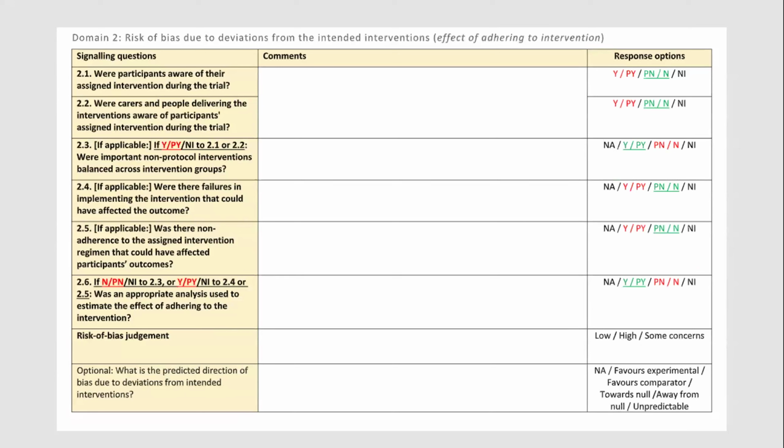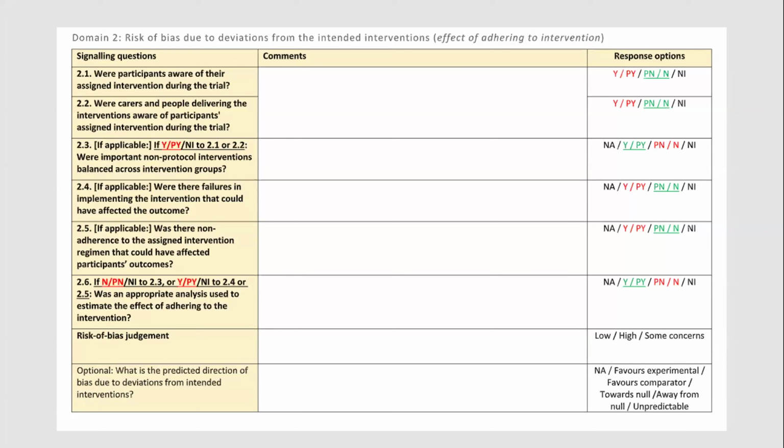Here you have to see whether participants were aware of their assigned intervention during the trial. Then they mention, if applicable, you go to question 2.1 or 2.2: were important non-protocol interventions balanced across intervention groups? Then if applicable, were there failures in implementing the intervention that could have affected the outcome?